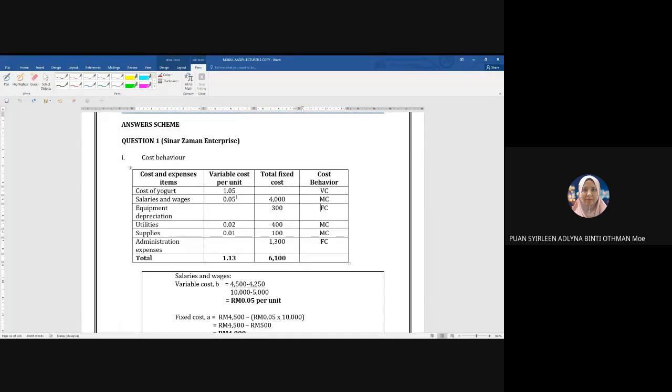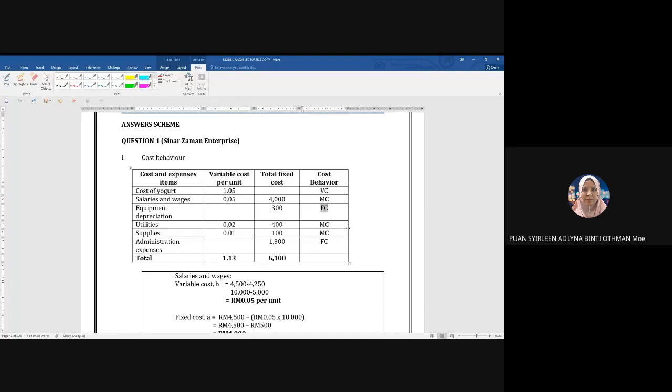Those I don't need to divide by units, because I know it is 300 all the way and 1,300 all the way, which means it is a fixed cost. So I am done with that one. The problem now is the cost of yogurt, salaries and wages, and then utilities and supplies.